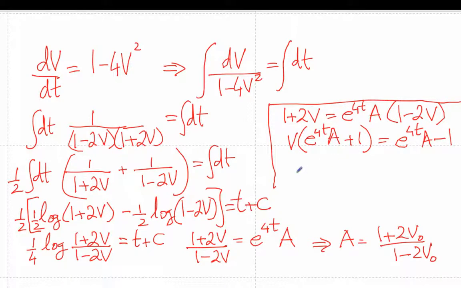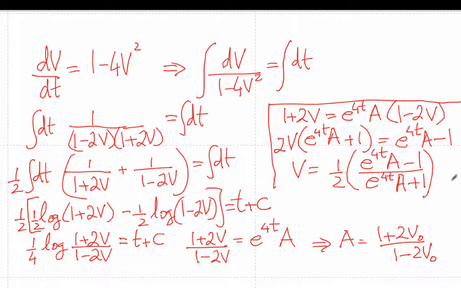And so finally I get v is, and there's a 2 over here that I missed, so I get v is half of e to the 4t a minus 1 divided by e to the 4t into a plus 1. And that is the final answer, where a is given over here.